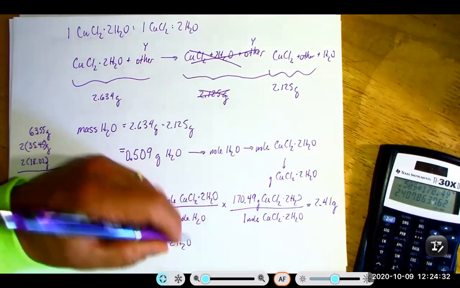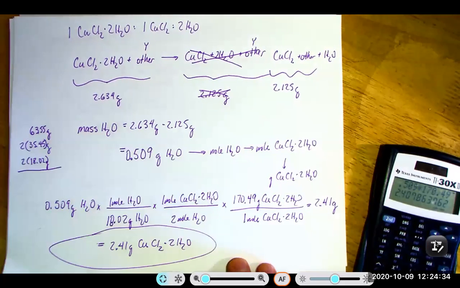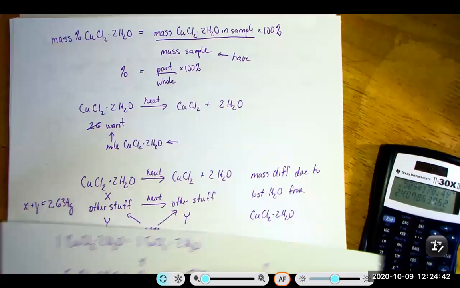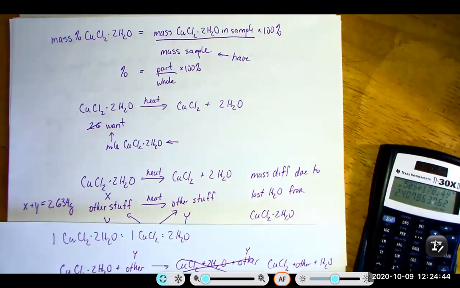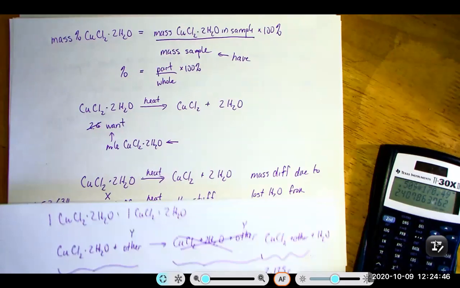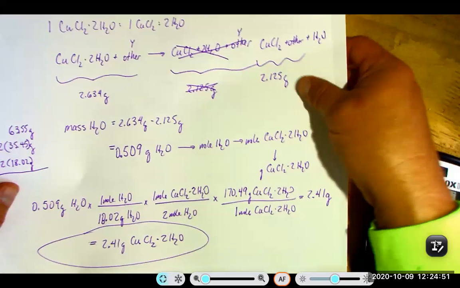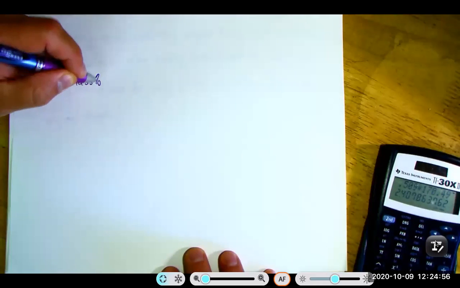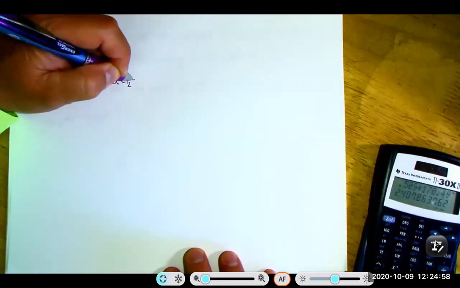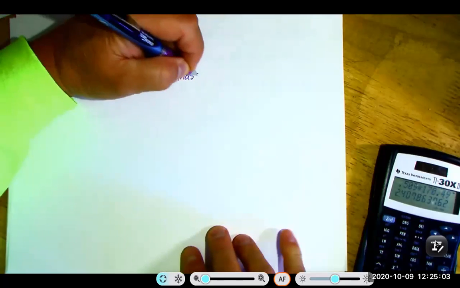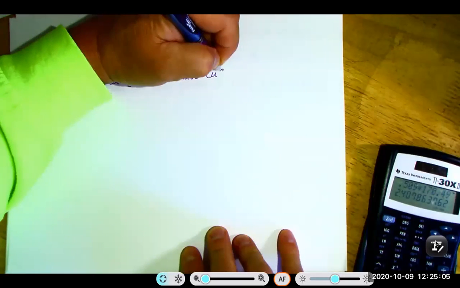Now, after doing all of that work, it seems like we're done with the problem, but we're not. If we go back, we can see that the real problem is here. So we have to finish this. And to finish this, we're going to go ahead and use that formula where the mass percent copper 2 chloride dihydrate is equal to the mass of copper 2 chloride dihydrate.